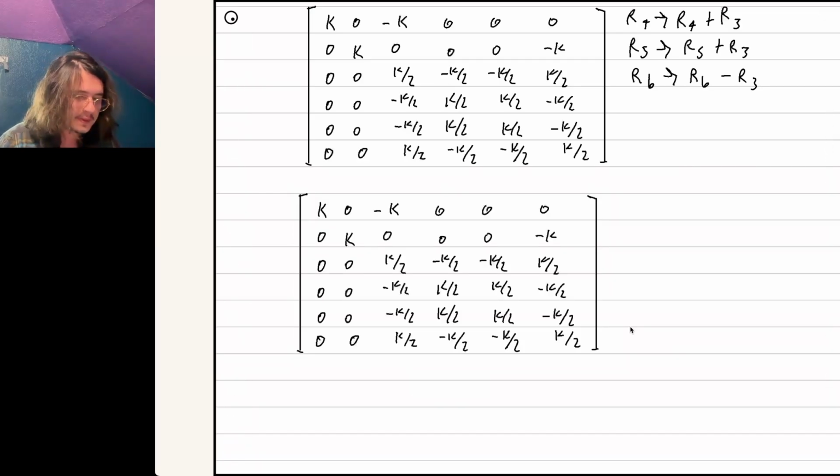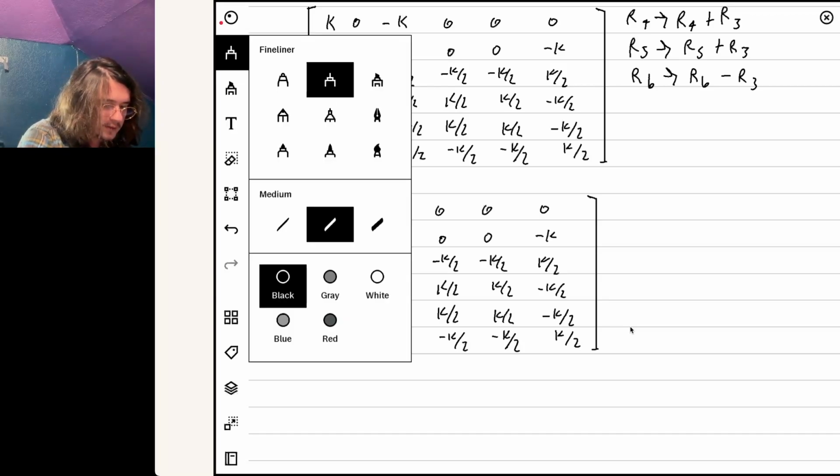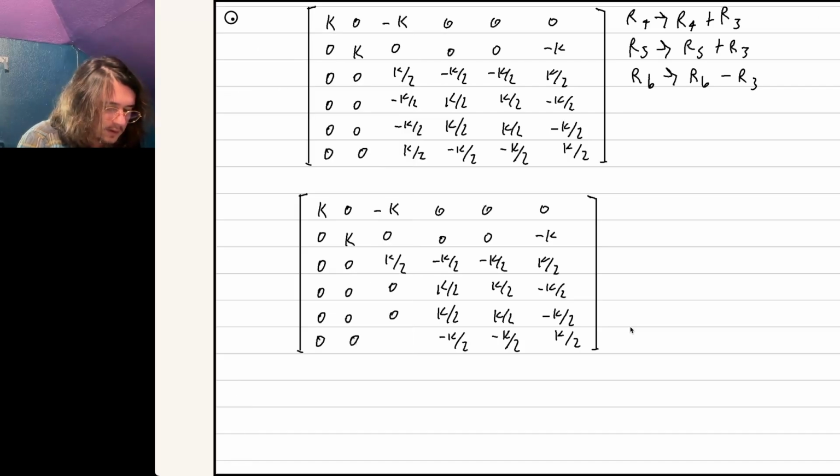Alright. So all these guys are zeros. Yep. k over 2 minus k over 2 is 0. Same thing for this guy. That will actually go to minus k. Right? No, it's 0.